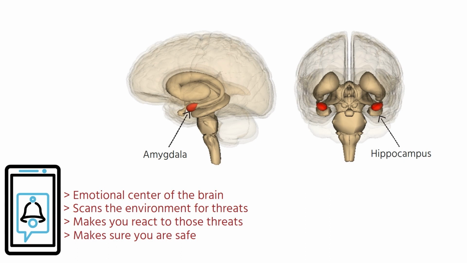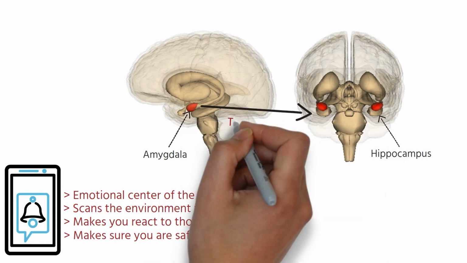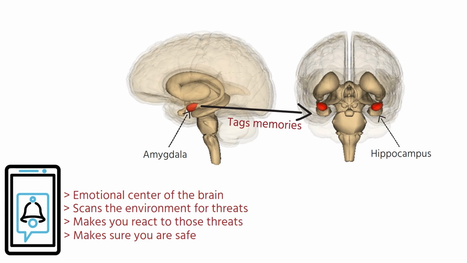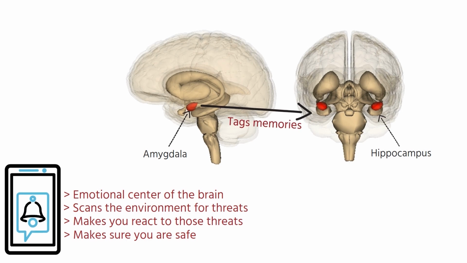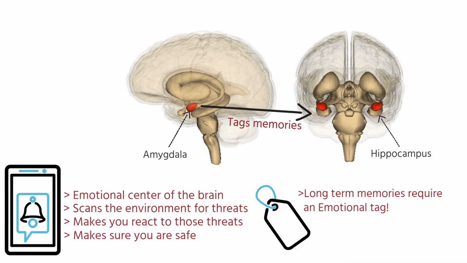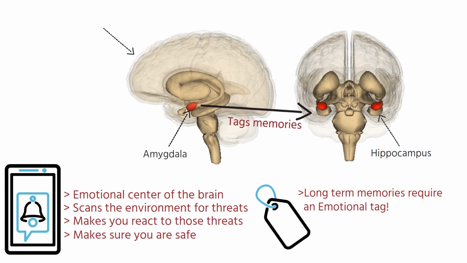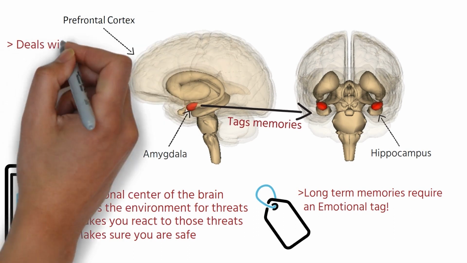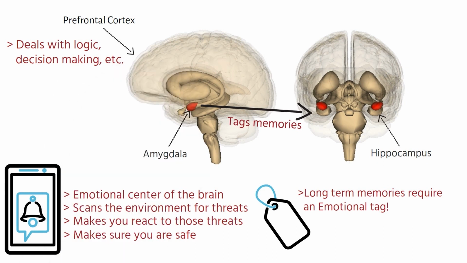The amygdala also helps you process emotions and helps you tag memories for long-term storage in your hippocampus. So when you have memories that are in your long-term storage, they have to have an emotional tag, which is given to them by the amygdala. The amygdala also works with the prefrontal cortex, which is the executive part of your brain. That's right in the front of your brain, and it deals with logic and executive decision making and such.